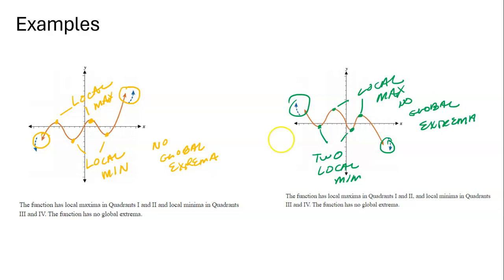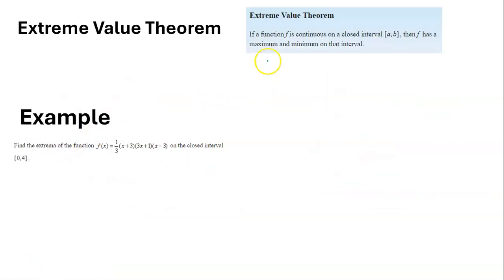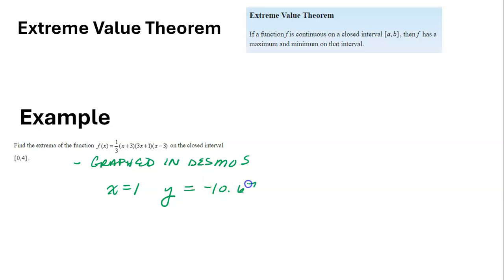It's going to have to be two parts. The extreme value theorem: if a function is continuous on a closed interval, then f has a maximum and minimum on the interval. So this is what I did for this one. Here's the example. It's super small. I graphed this in Desmos. When x was 1, y was equal to negative 10.67.